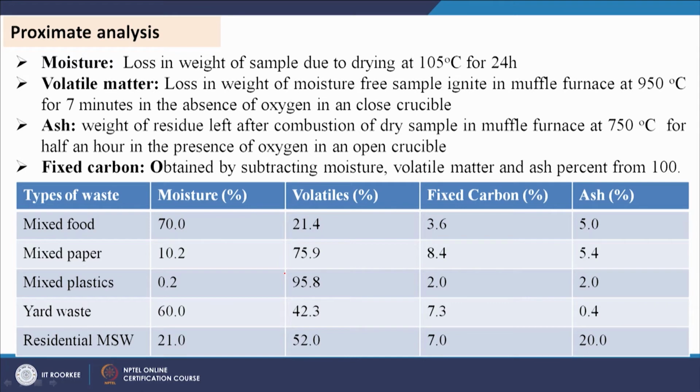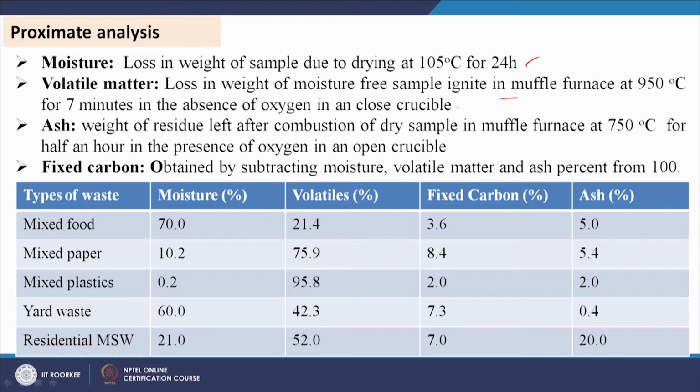So, proximate analysis. Moisture determination we have already discussed: that is loss in weight of sample due to drying at 105 degree centigrade for 24 hour. Then for volatile matter, this is the loss in weight of moisture free sample ignited in muffle furnace at 950 degree centigrade for 7 minutes in the absence of oxygen in a closed crucible.